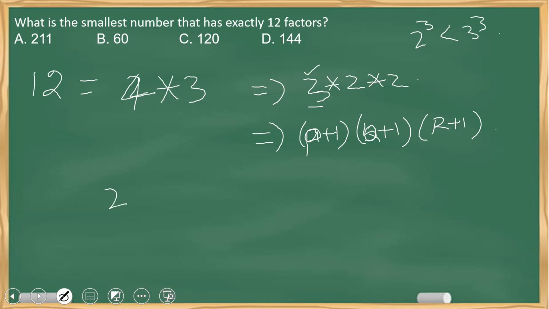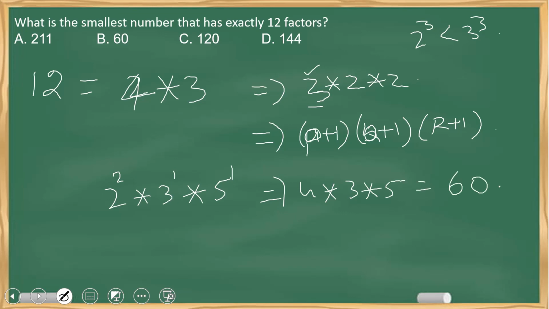So 2 power 2 into 3 power 1 into 5 power 1. So I can take the least value of these, correct? So what is 2 power 2? 4. 4 into 3 into 5. What is 4 into 3 into 5? 60. 5 3s are 15, 15 4s are 60.